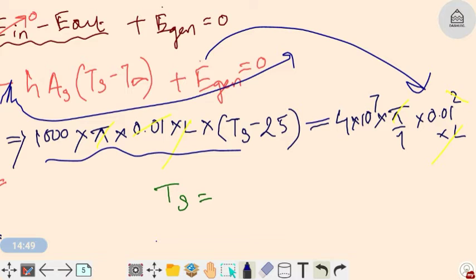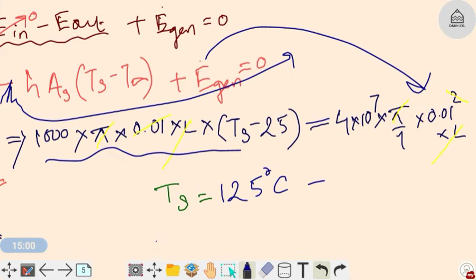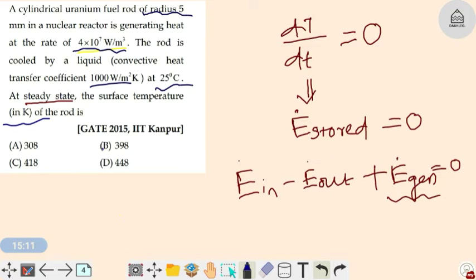So from here Ts is 125 degrees Celsius, but it has been asked in Kelvin, so I need to add 273 and it will give me 398 Kelvin. Option B. So now let's move to the next question.